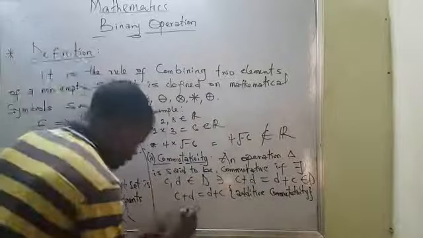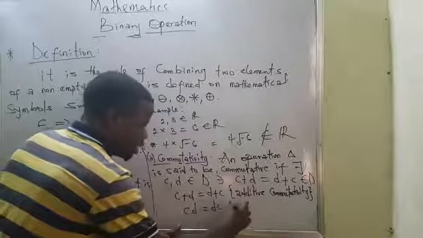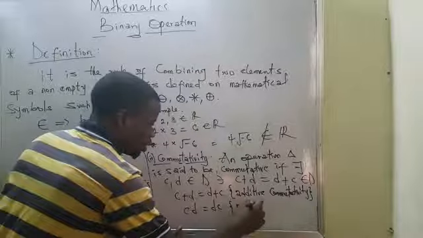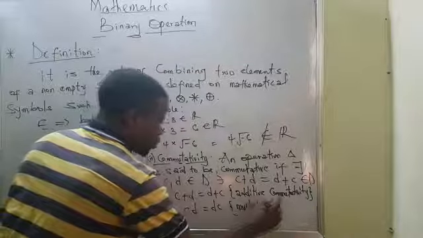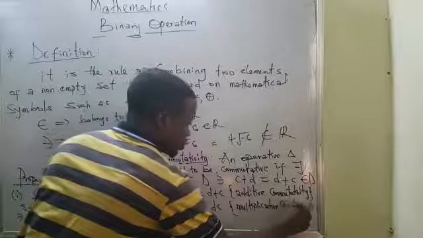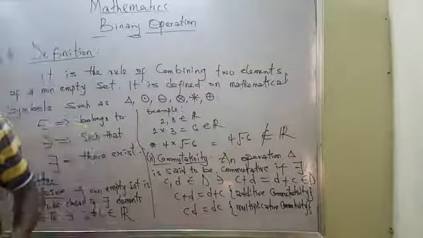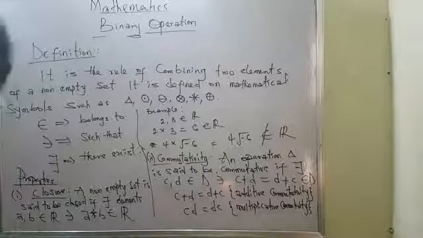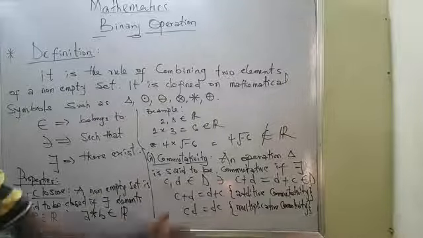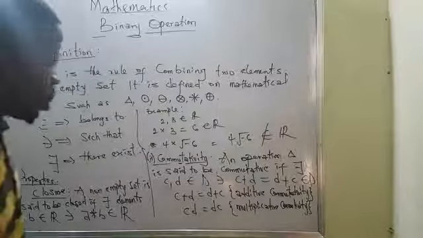But if I say CD is equal to DC, it is multiplicative commutativity. You get that? So C plus D can be taken as D plus C. And C times D can be taken as D times C. That's multiplicative commutativity.